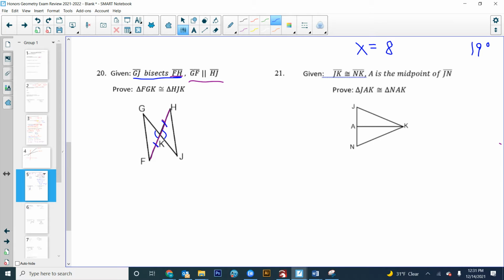All right. What happens if you bisect an angle? You get two congruent angles. I had that on the quiz a lot too. I told you an angle was bisected, and people put that two sides were congruent. Not cool.